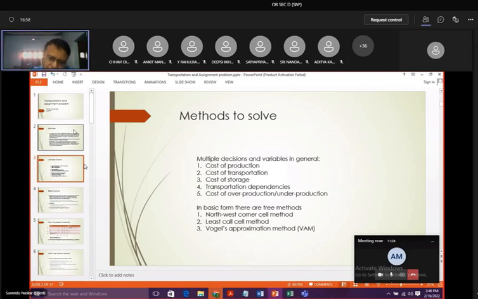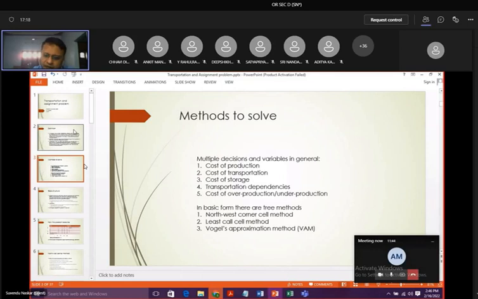So in the transportation problem, you will come across the cost of production, because every warehouse has some cost of production. It is not just that some production node can produce a lot more, or the capacity is huge, that it is necessarily always profitable for you.